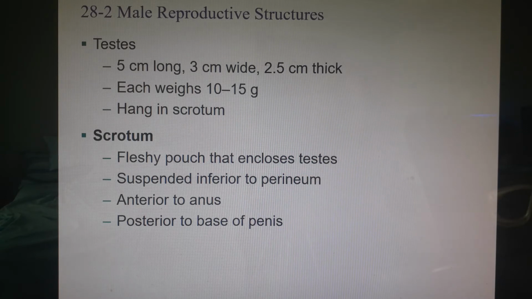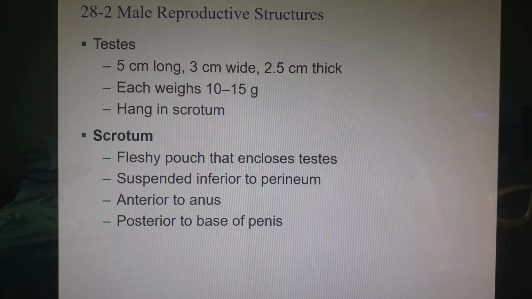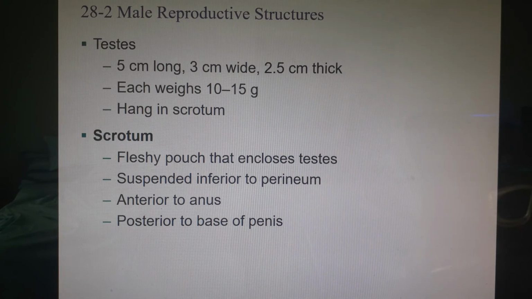The testes are almond-shaped spheroid organs. They're about 5 centimeters long, 3 centimeters wide, and they hang in a specialized pouch called the scrotum. Now, they need to hang outside the body because sperm development is actually ideal at a couple of degrees below body temperature.